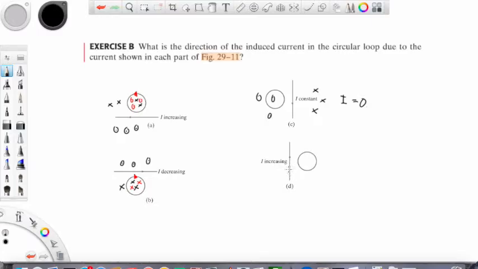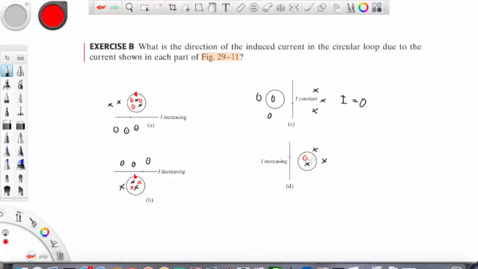Part D is pretty much the same as part A, so there is an increasing field, and in this case the other way around. So here the magnetic field is into the page, so the coil will want to produce a field counteracting that one.